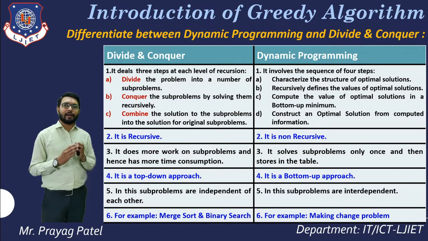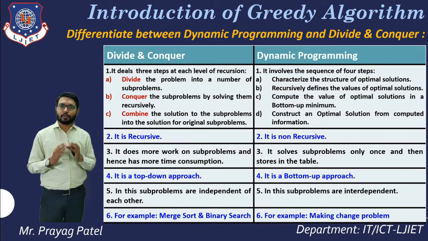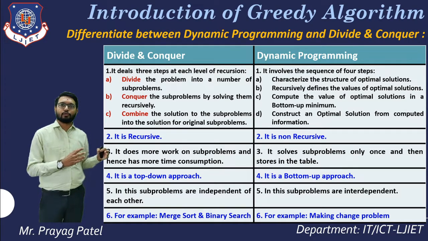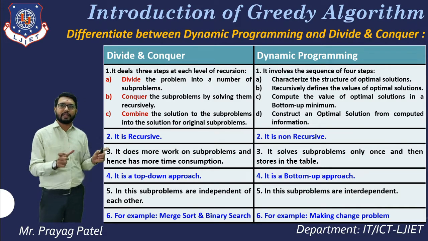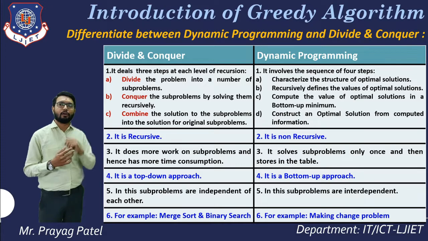Divide means divide the problem into subproblems. Conquer means recursively find the solution of the subproblems. And combine means after solving each subproblem, combine the results of the subproblems. It's called the divide and conquer technique.